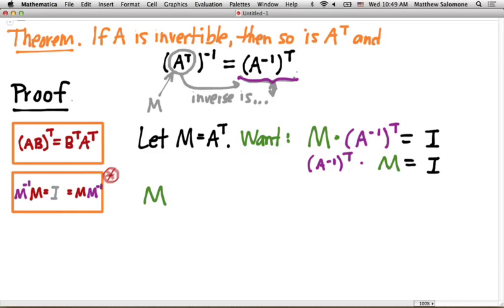M times A inverse transpose. Remembering that M is A transpose.